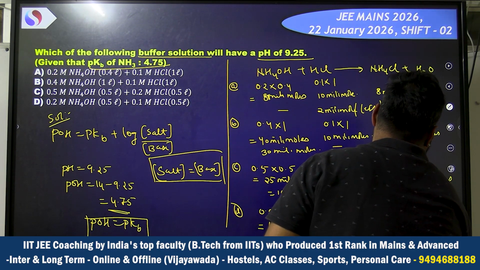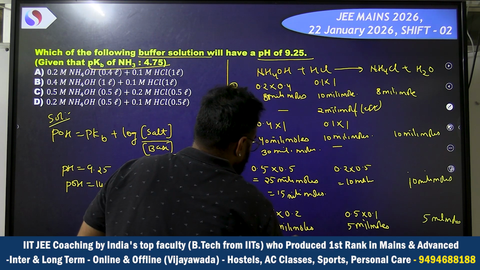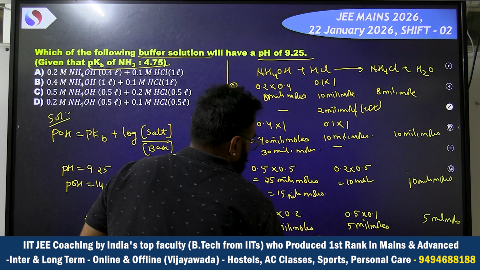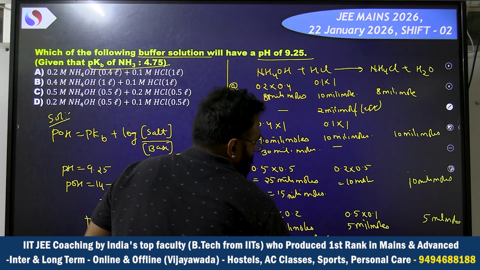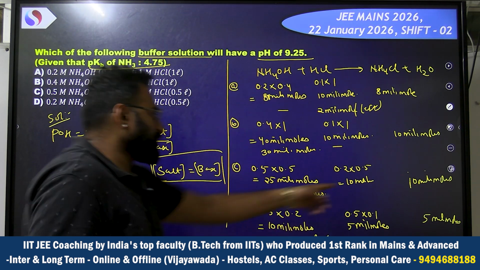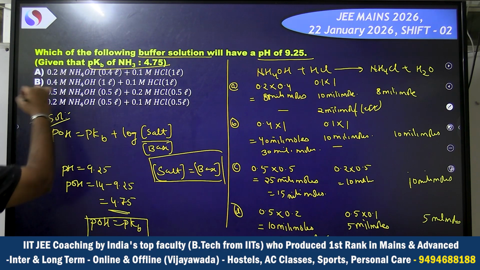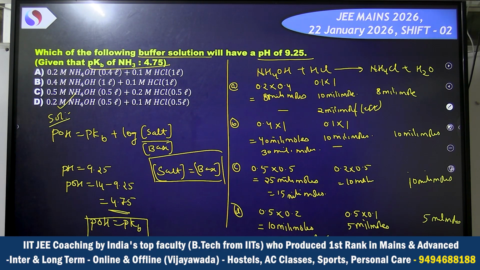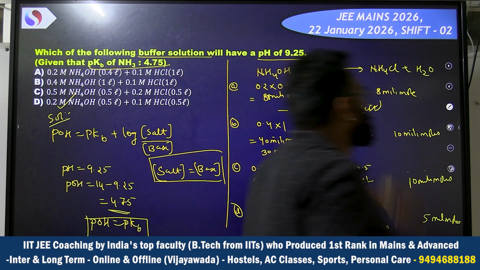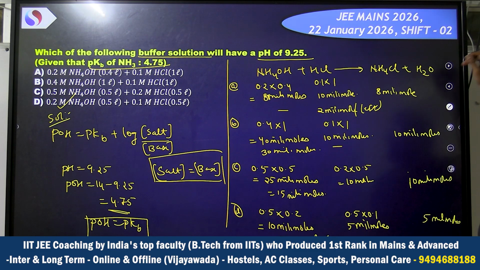So the salt will be 5 millimoles and the base will be 5 millimoles left. So the concentration of salt and concentration of base are the same. So the correct answer is option number D. You have to solve each and every option to identify the correct answer.